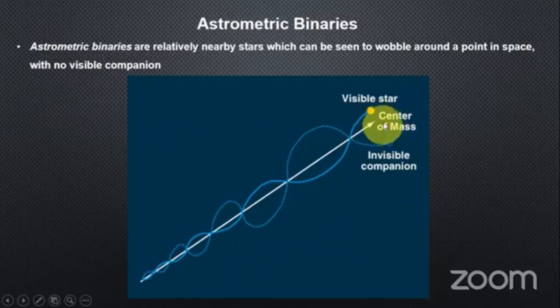But if you look, you won't be able to see the companion star. The companion star is invisible, and that companion star could be a black hole. Black holes do not give out light, so we can't see them. We only see the visible one, and it's always wobbling. So we call those astrometric binaries.